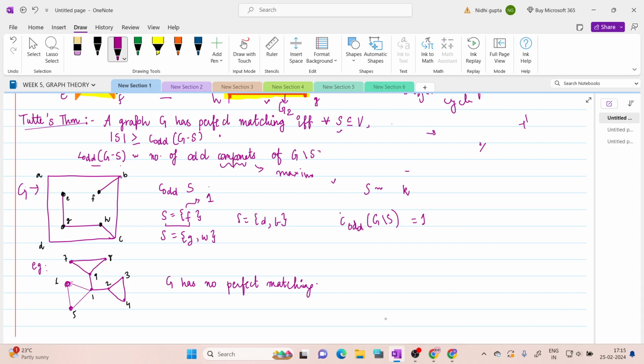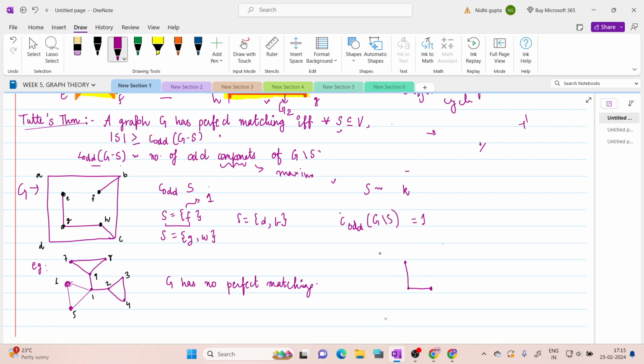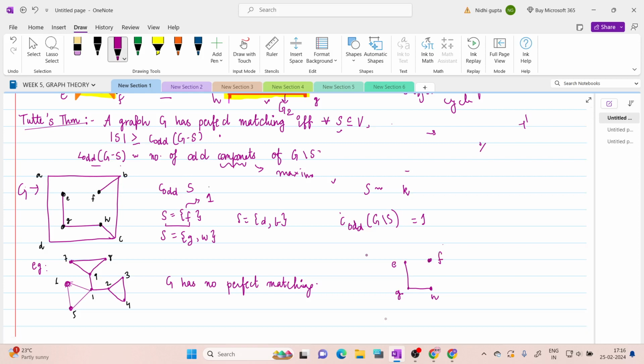How many odd components are we getting if we remove D and B? So if I remove D and B, my resultant graph will be like this: E, G, H, F.